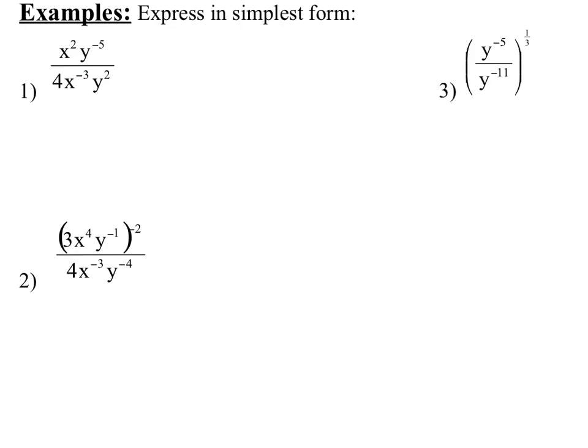One thing that they try to trick you on, and some people get confused with, the 4 times x to the negative third are separate terms. The 4 is by itself, and x to the negative third is by itself. So the only thing that's going to move when we move the variable is x to the negative third. The 4 is going to stay in the denominator because it doesn't have an exponent on it. If it was in parentheses, like the next one, then that's different.